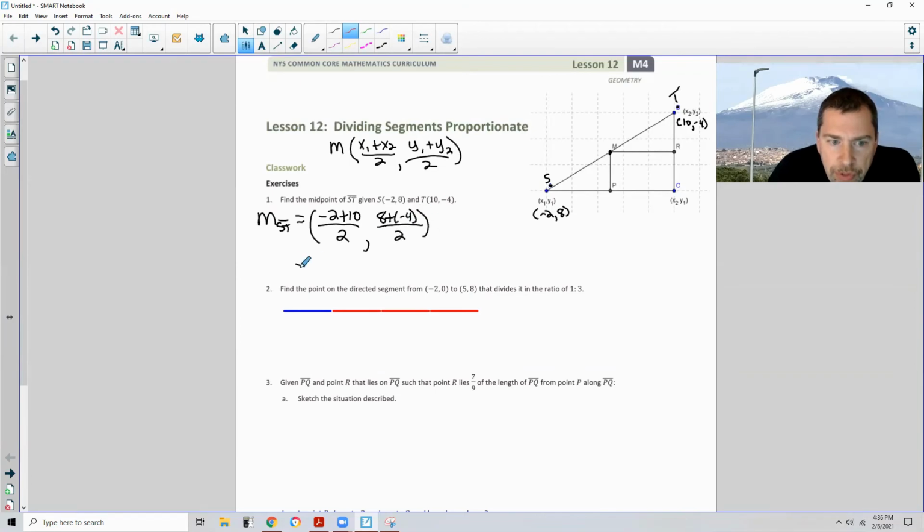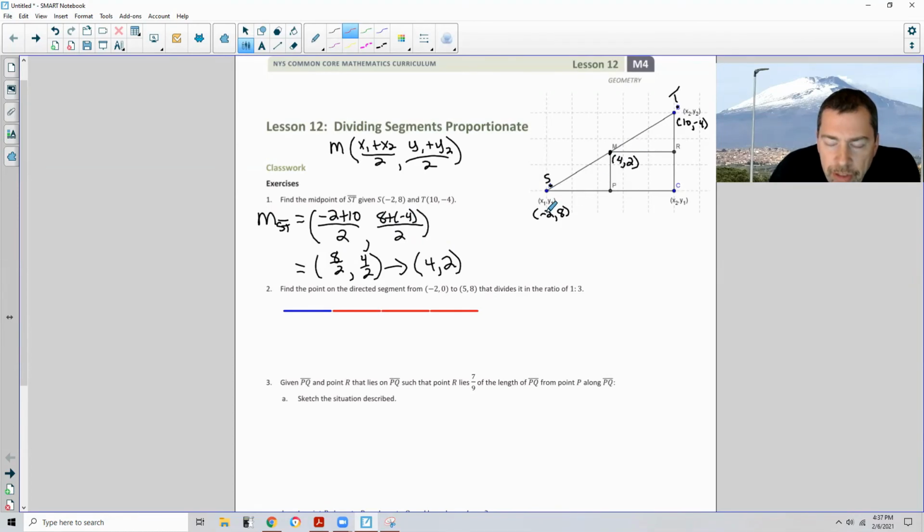When I simplify this, the midpoint of ST becomes 10 plus a -2, or 8 over 2, comma, 8 plus a -4, which is 4 over 2. That simplifies even further to 4, comma, 2. So this M here is the point 4, comma, 2.